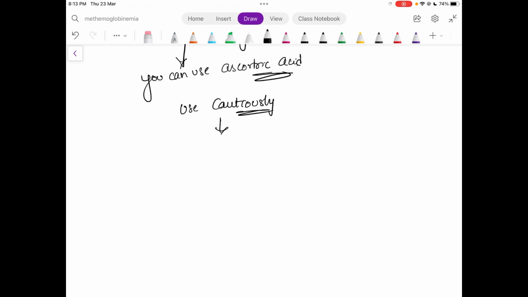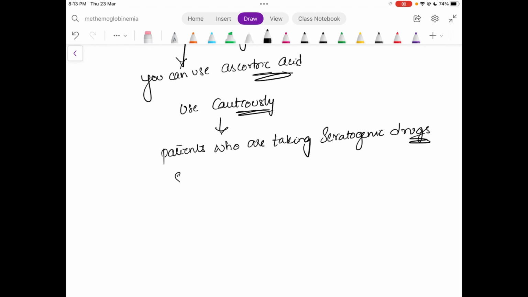In patients who are taking serotonergic drugs. Why? Because serotonin is metabolized by the MAO enzyme.